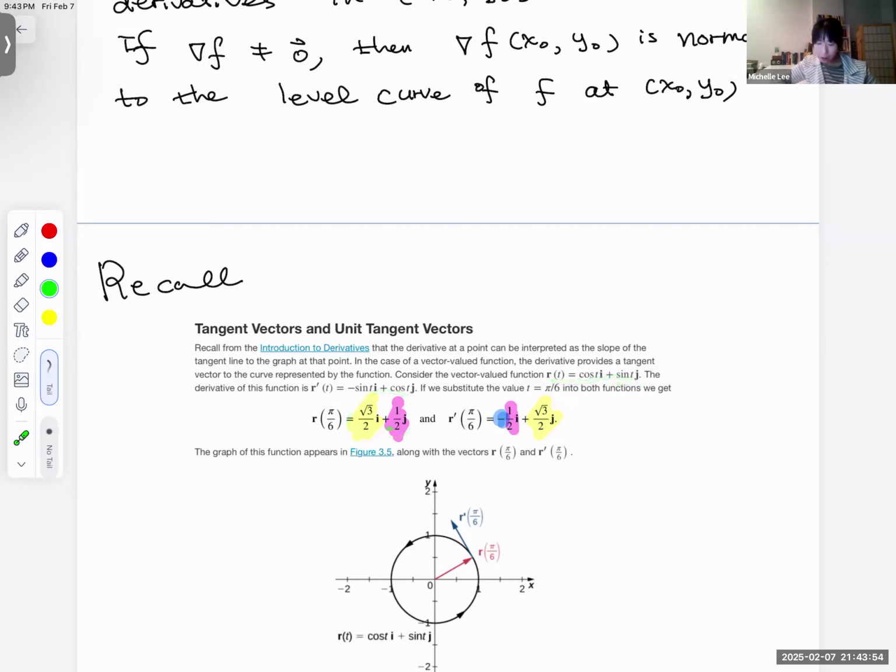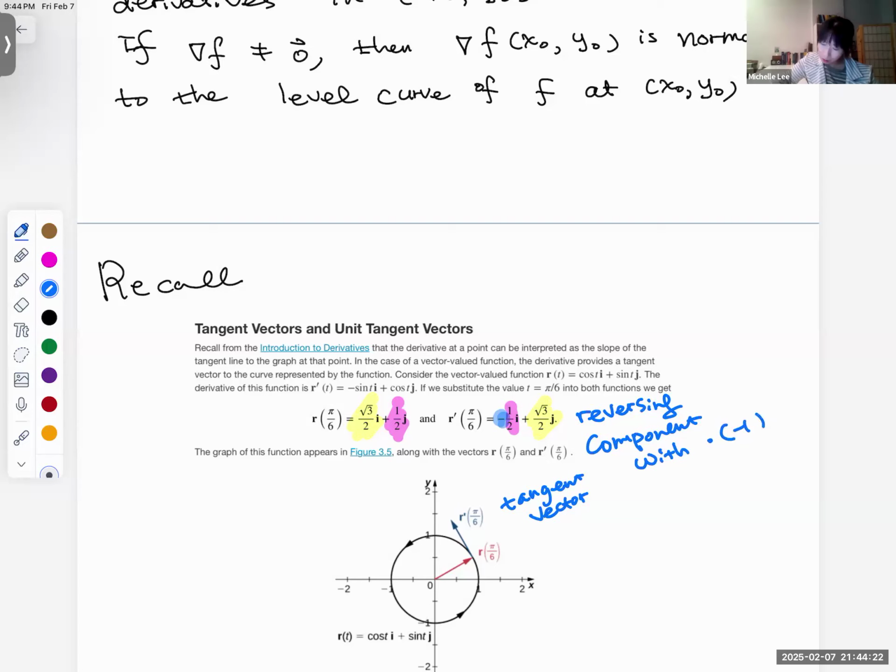But then we took a derivative and said that this is a tangent vector. Can you see that we change the components? Reversing the components and multiplying by -1, right?